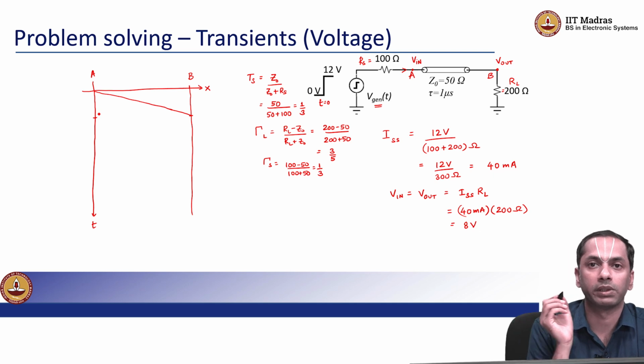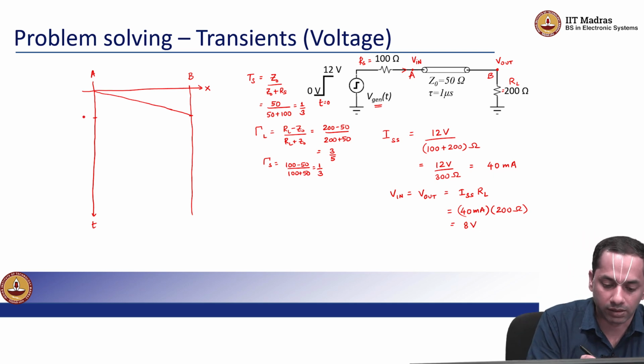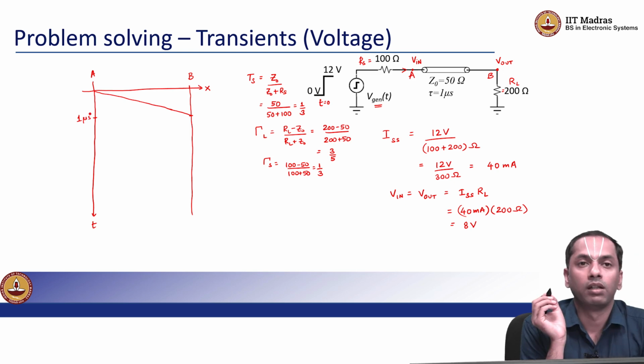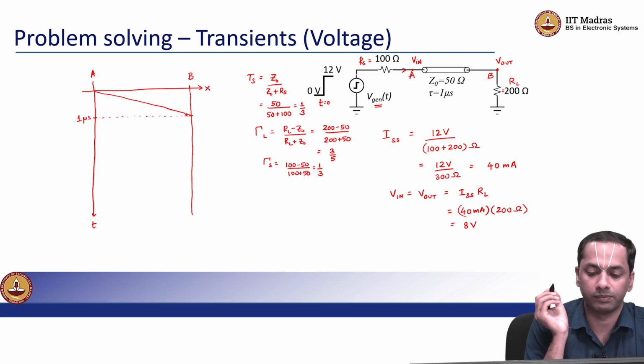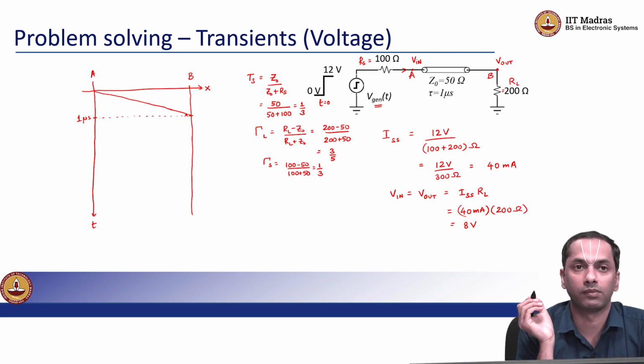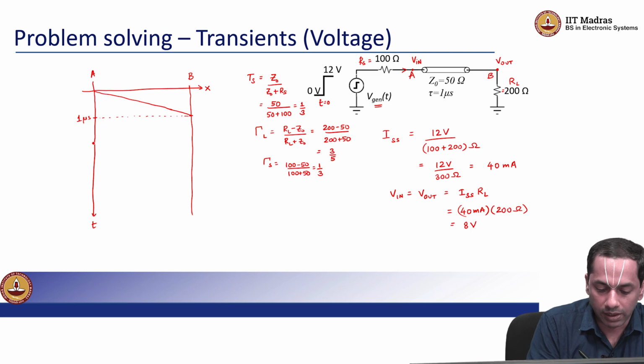The delay of the transmission line is mentioned as 1 microsecond. So, at 1 microsecond, we have reached from point A to point B. Okay. So, let us make our divisions: 2 micro, 3 micro, 4 micro.